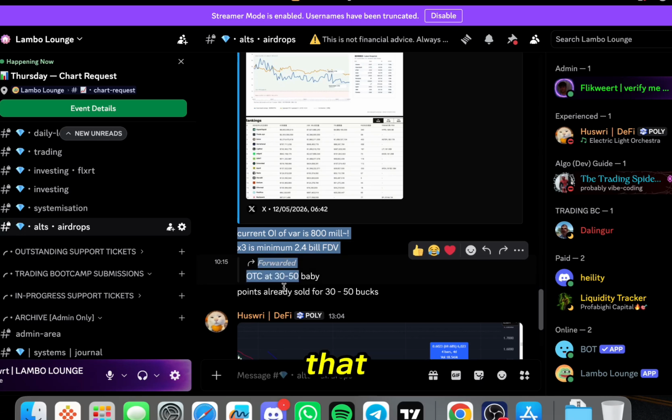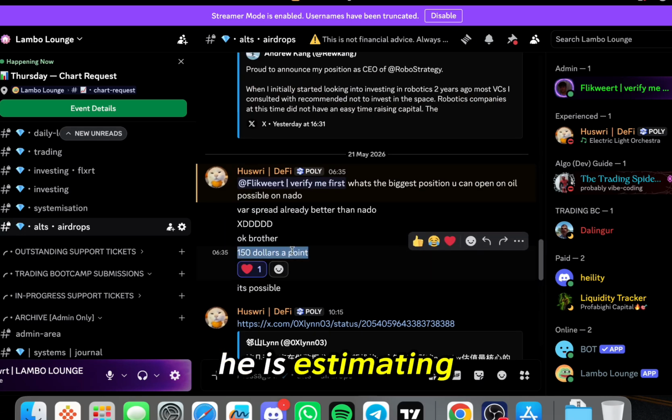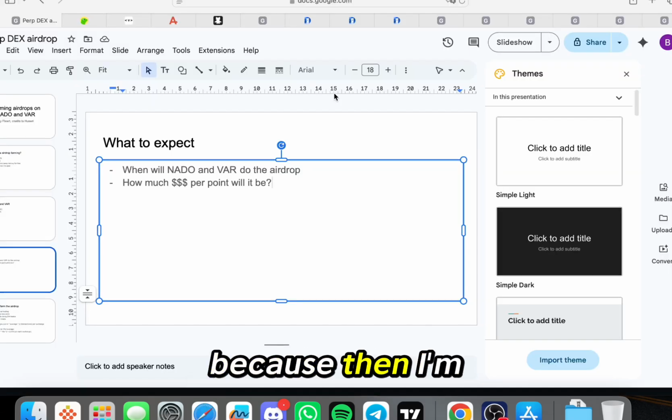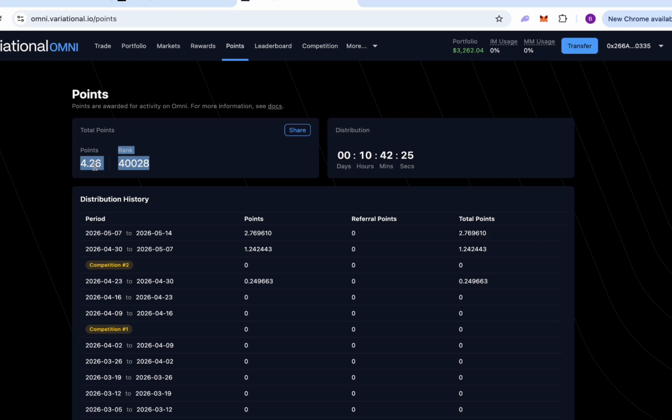And based on that, he is estimating $150 per point, roughly. Which would be quite a lot, because then I'm already, after doing some beginner trades, making $600 from this, which is great. So there's really a big opportunity here. This can be a 6-figure airdrop if you do it right.